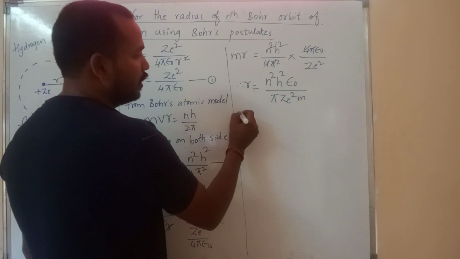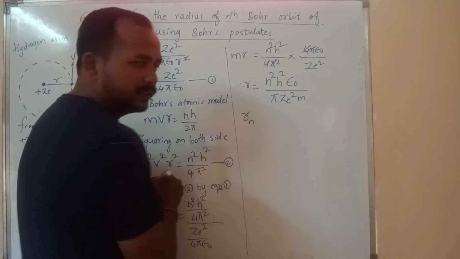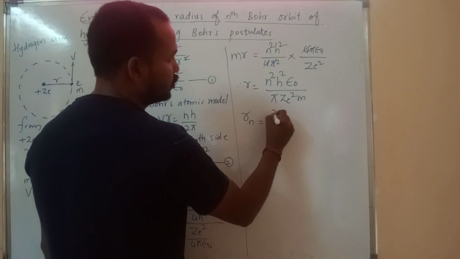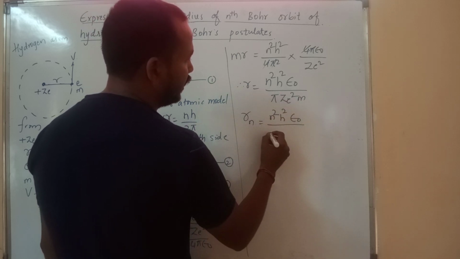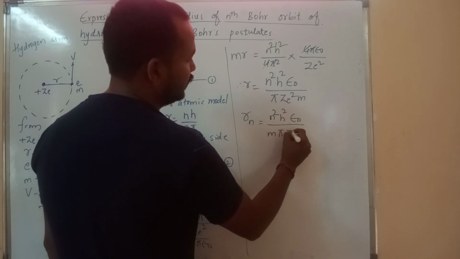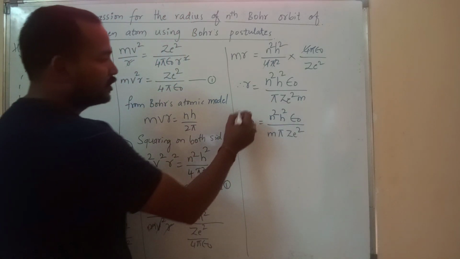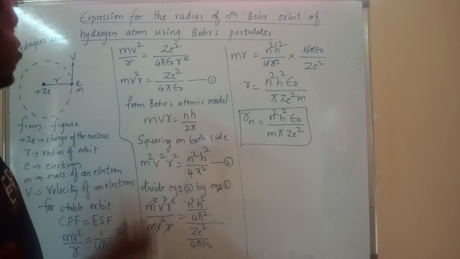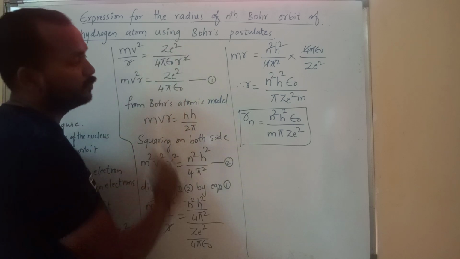So by rearranging the equation for the nth Bohr orbit, Rn is equal to n square h square epsilon naught divided by m pi Ze square. This is the equation for the radius of the nth Bohr orbit of the hydrogen atom using Bohr's postulate.